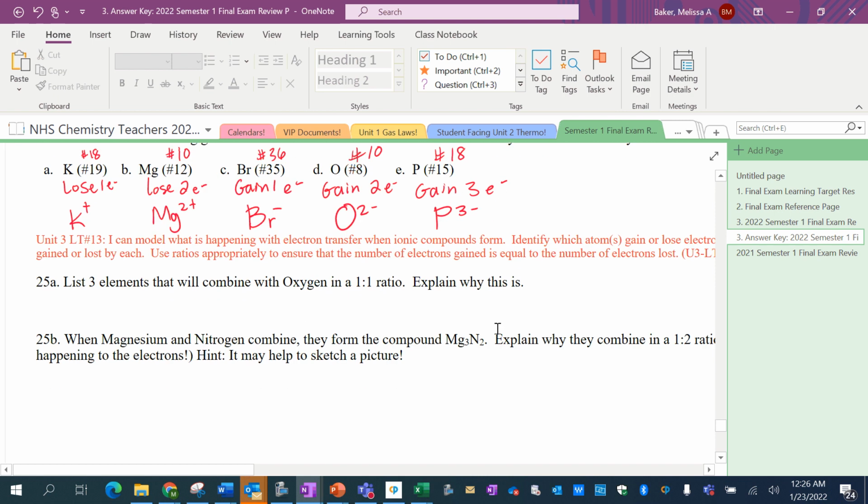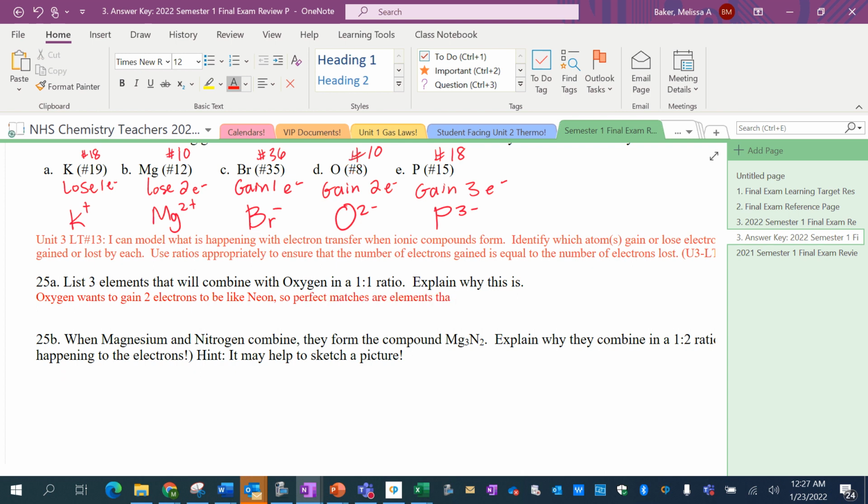Name 3 elements that would combine with oxygen in a 1-to-1 ratio. Oxygen wants to gain 2 electrons to be like neon. So perfect matches are elements that want to lose 2 electrons, like number 4 Be, number 12 Mg, number 20 calcium.